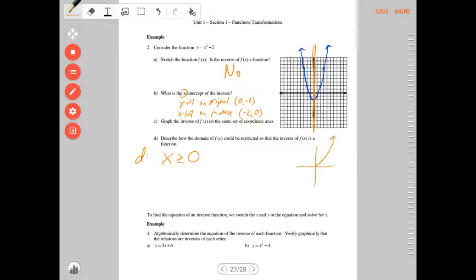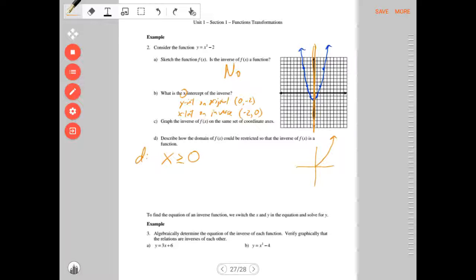Only the x is bigger than 0 parts are allowed. Now, if I restrict the domain like that, does it pass the horizontal line test? Well, sure it does, because there's nothing over on this other side anymore. I just made it so that the negative x values aren't allowed.